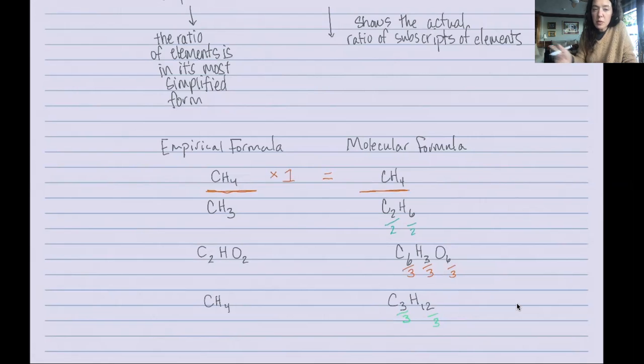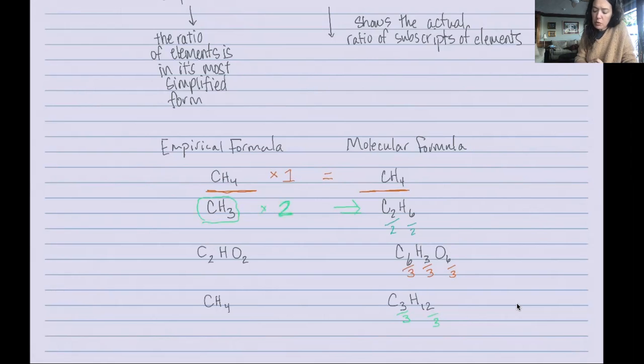The subscripts get multiplied by 1. For my second example, in order for me to get from CH3 to C2H6, I would need to multiply it by 2.